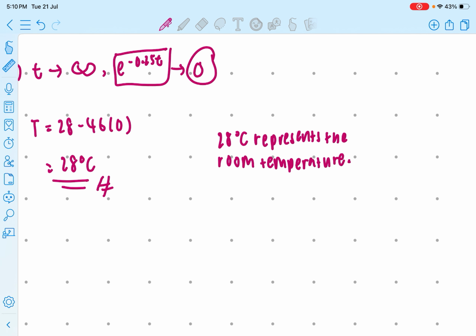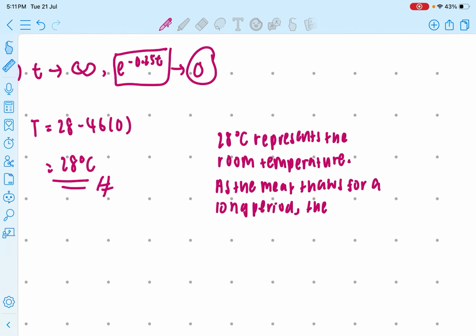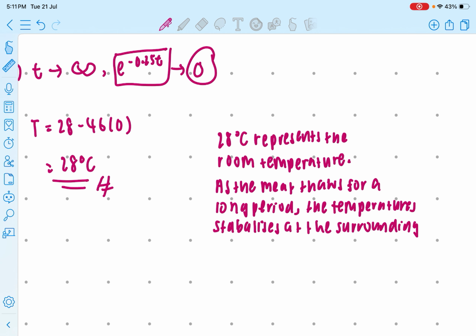As the meat thaws over a long period, the temperature stabilizes at the surrounding room temperature.